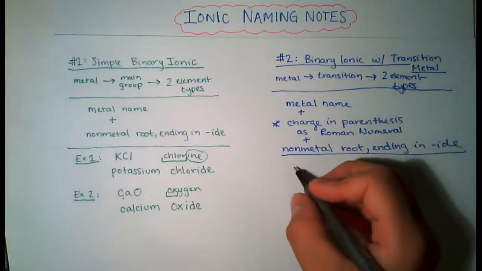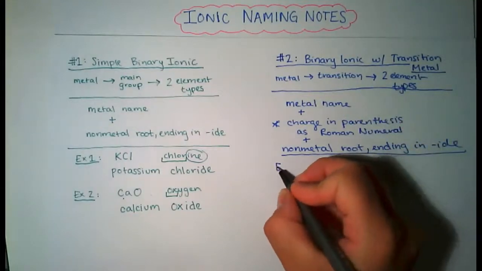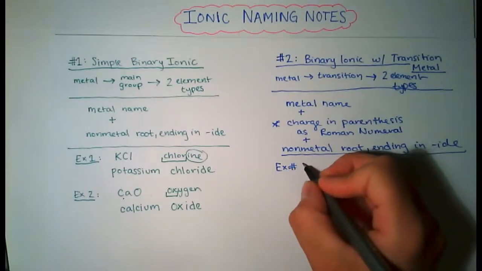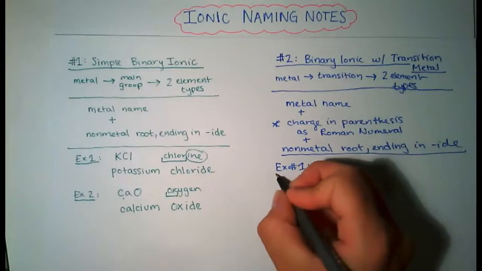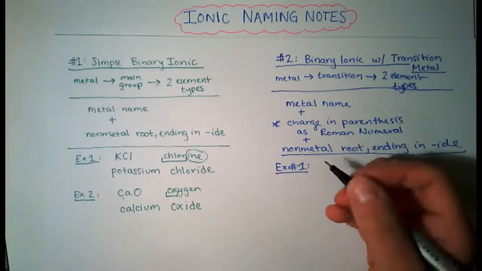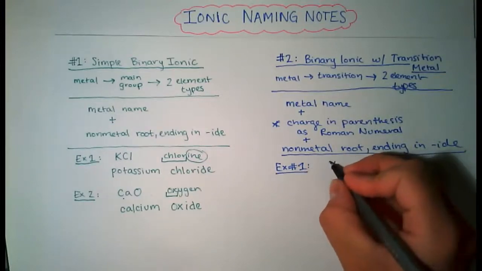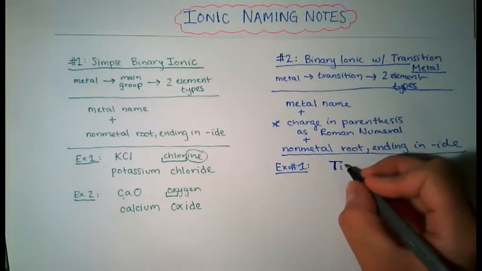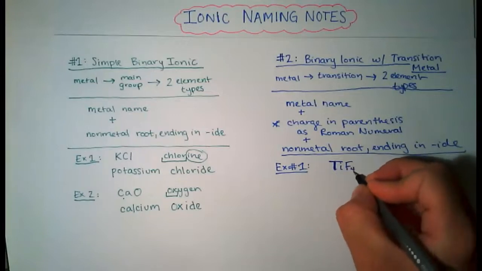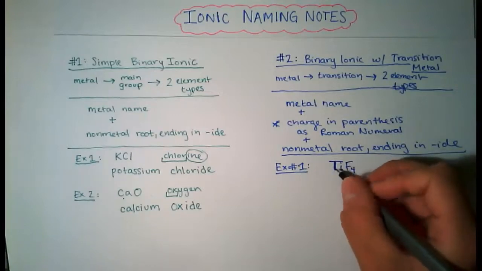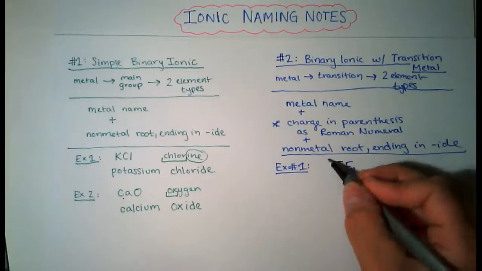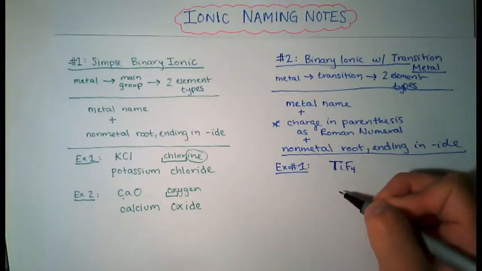So let's do an example and talk about how we figure out what the charge of our transition metal is, because that's not immediately clear to some of us. So if we have titanium TiF4, titanium is our transition metal here, but we don't necessarily know what oxidation state titanium is in.